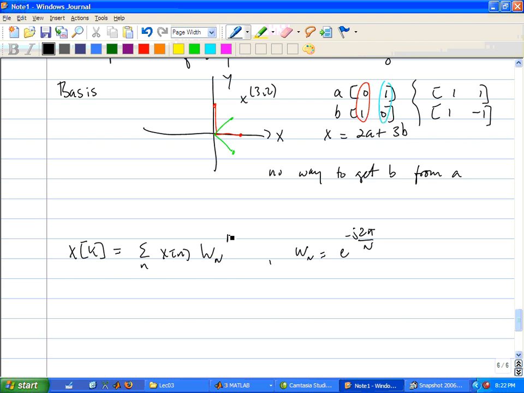Essentially I've just rewritten the definition of the DFT, but I've insisted on specifically defining this W_N term.